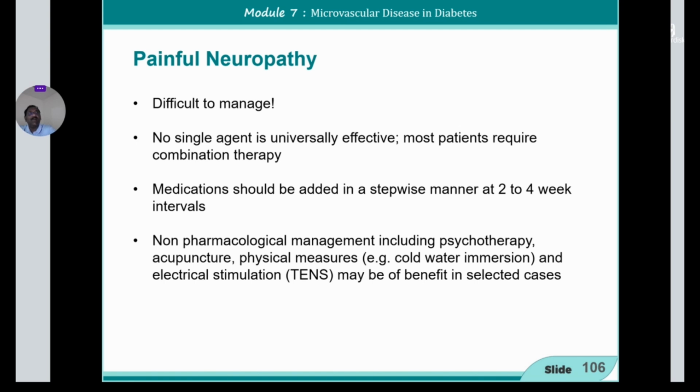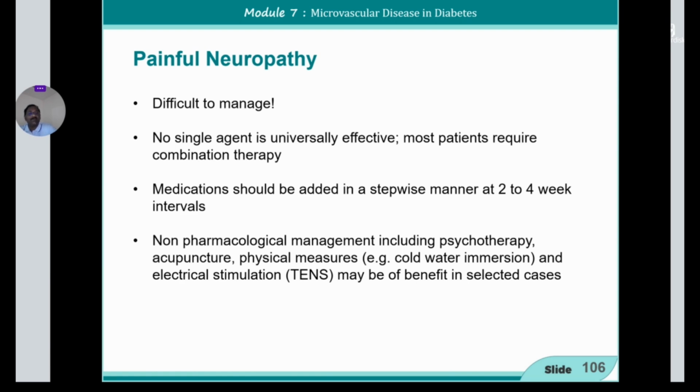Most of these drugs have side effects like pedal edema, tongue sensations, some giddiness, some vertigo, some paresthesias, some gastrointestinal side effects, some sleep disturbances. So these are very common with these drugs. So it's very difficult to manage. No single agent is universally effective. Most patients require combination therapy. Medication should be added in a stepwise manner at 2 to 4 week intervals.